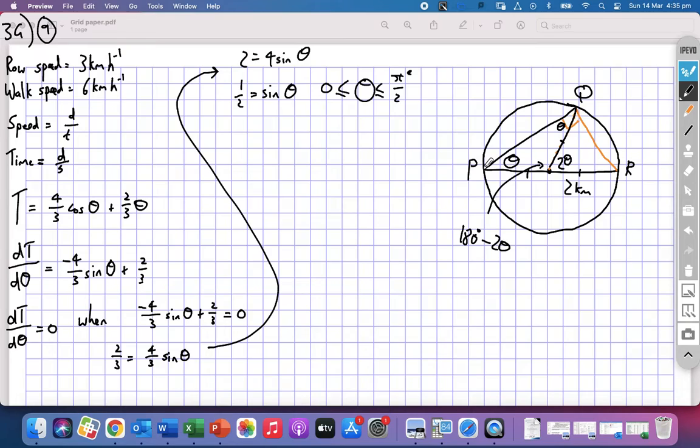Well, then I wouldn't be doing any rowing. I would just be walking the whole way. If that angle comes down to be 0, it's like Q would come all the way down to R then. So if that angle is 0, then you're just rowing the whole way. Right? So that's why you have this domain restriction. You can represent that on your sine diagram.